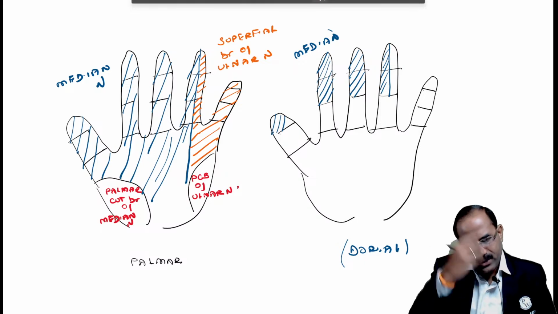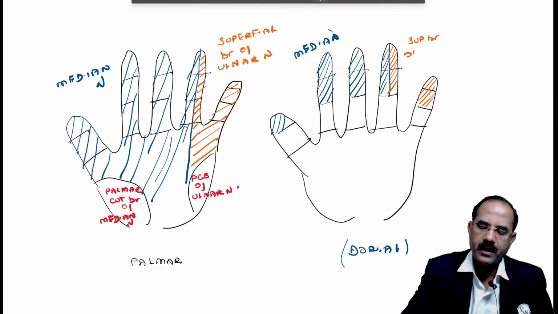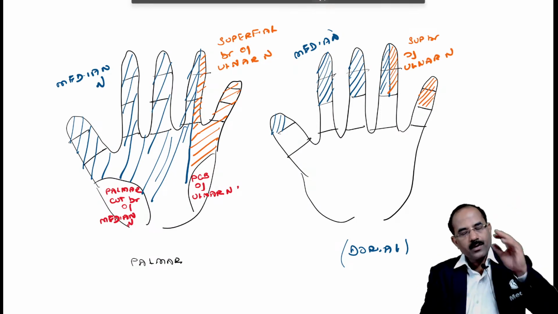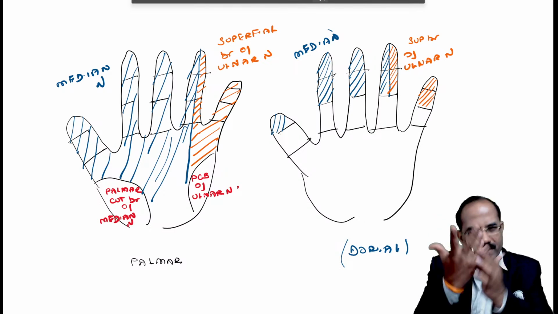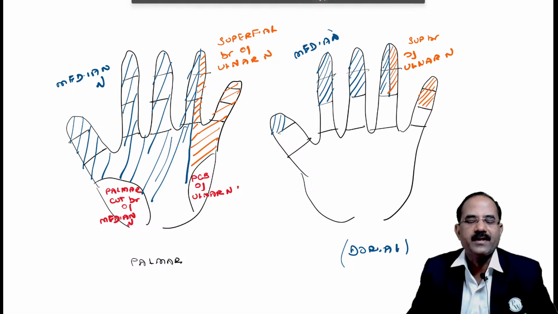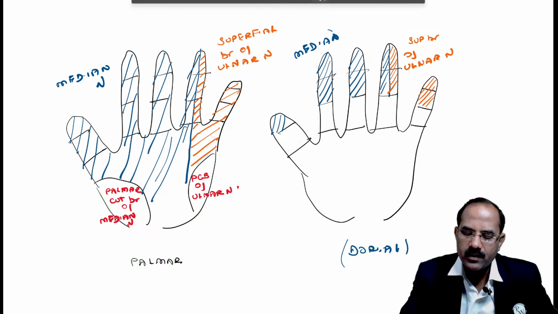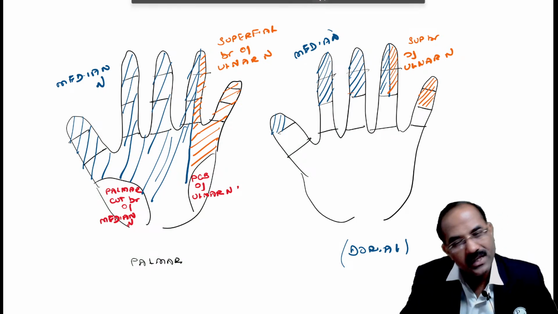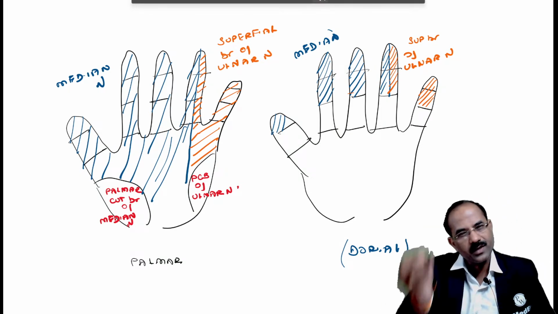The same superficial branch goes to the dorsal aspect and supplies the distal and middle phalanges, but not the proximal phalanx. So, 3.5 fingers except the proximal phalanx are supplied by the median nerve, and 1.5 fingers except the proximal phalanx by the superficial branch of the ulnar nerve.